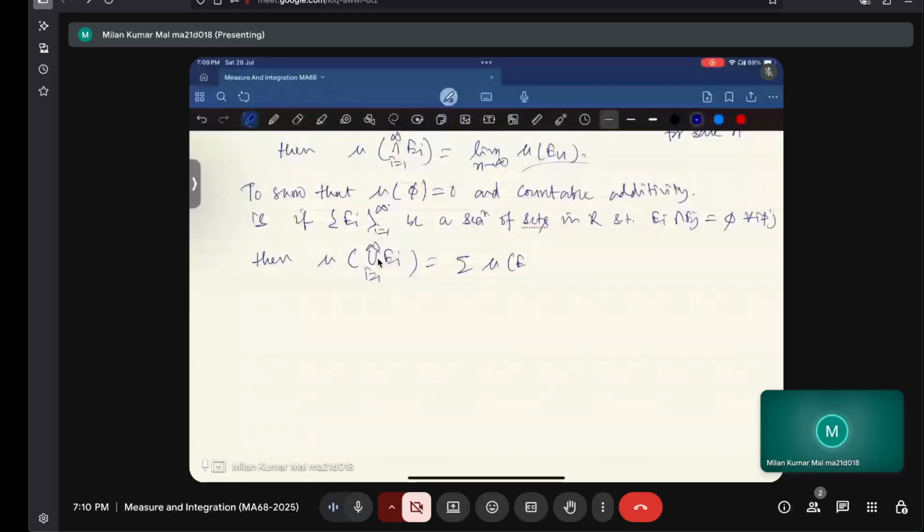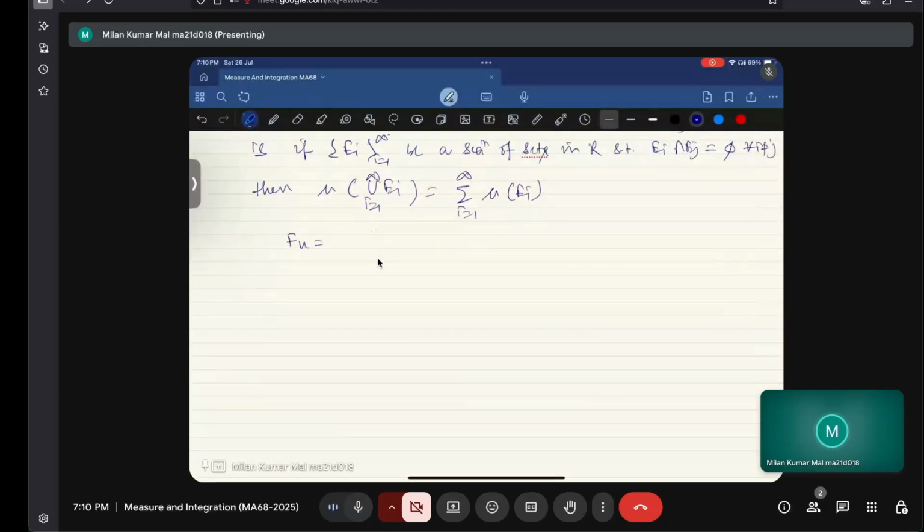So for this, let's take Fn equal to the union of Ei, i equals 1 to n. Then we also take E equal to the union of Ei, i equals 1 to infinity.